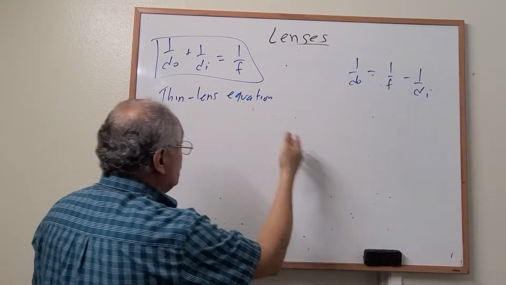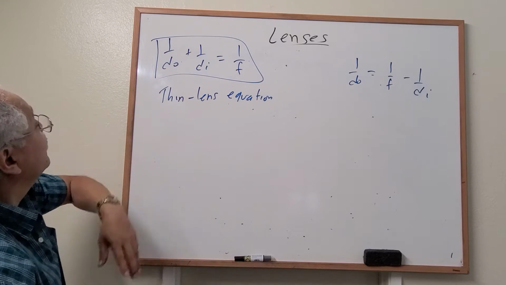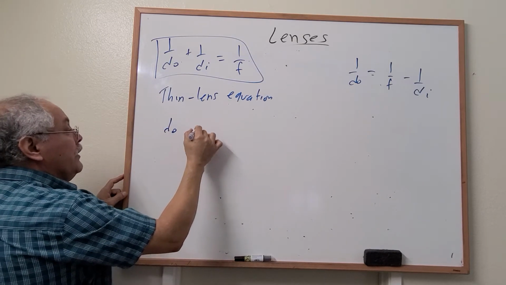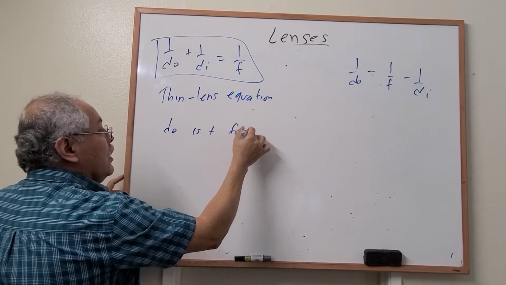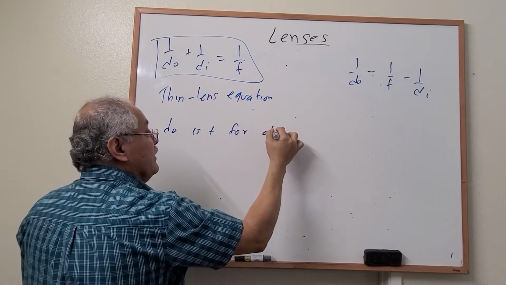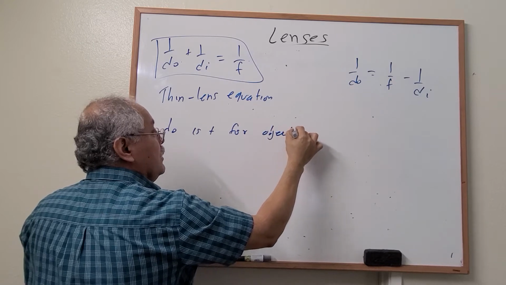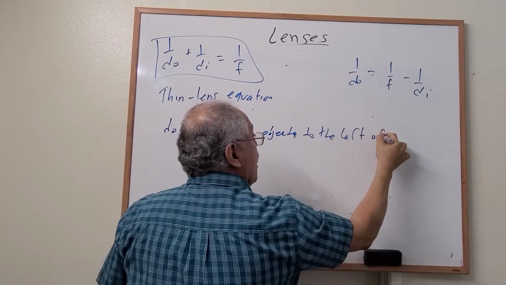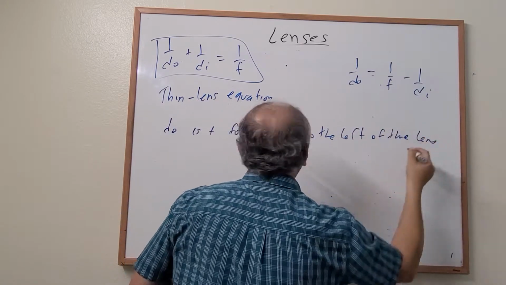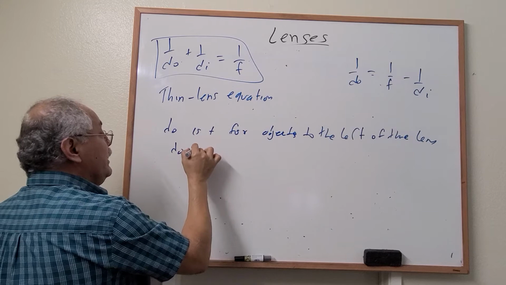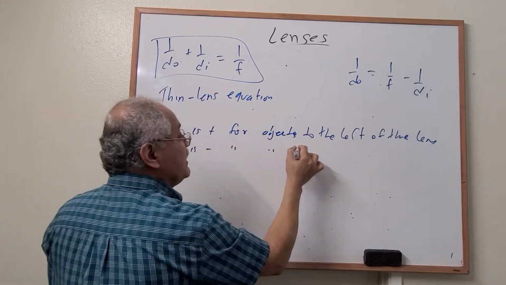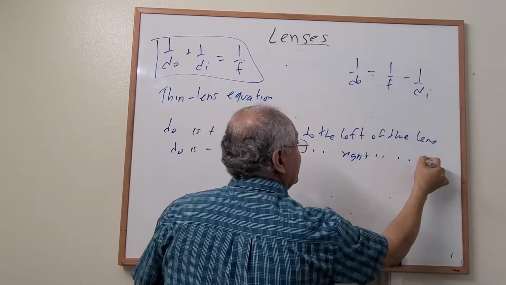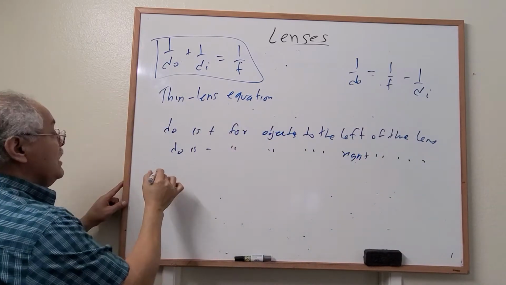Now, also we have some properties for these quantities. We have that DO, for example, is positive for an object to the left of the lens, and DO is negative for an object to the right of the lens. What about DI?